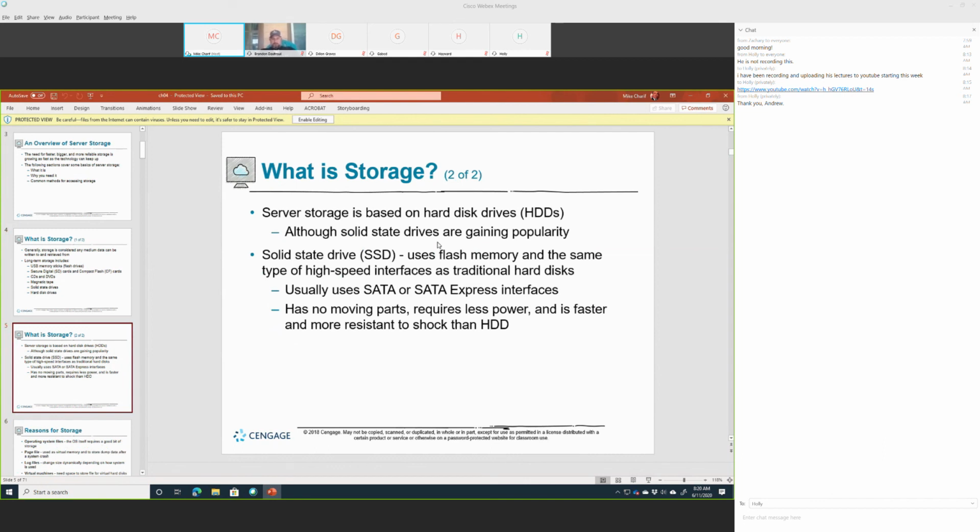Especially when you do the server. The server back then and still used is basically what we would call a SCSI drive. The SCSI drive is basically a lot faster, and you can put more drives at one time.